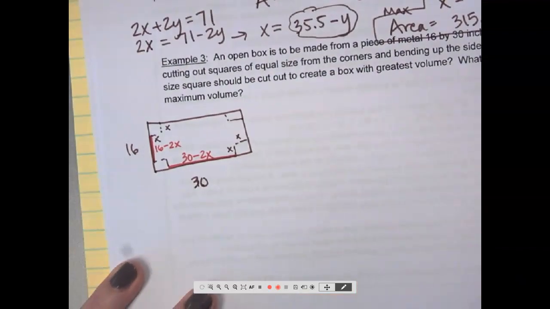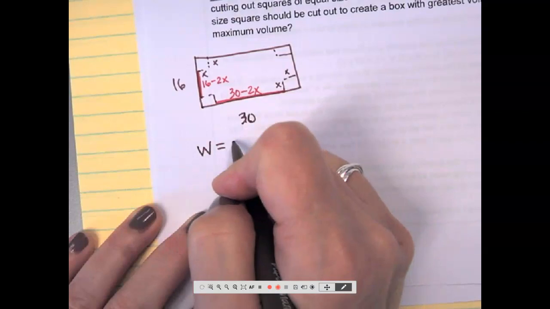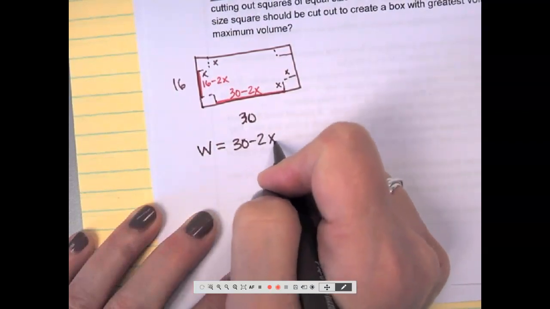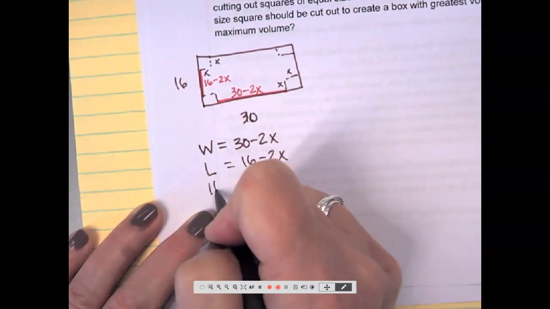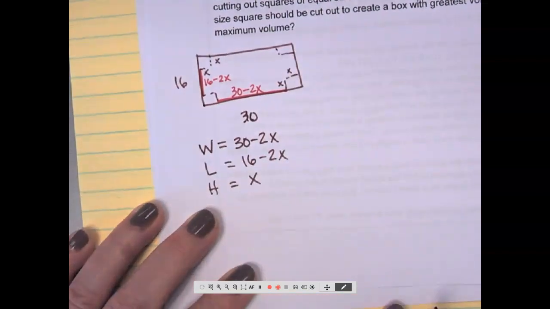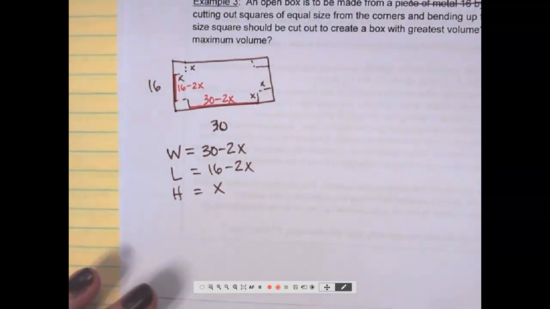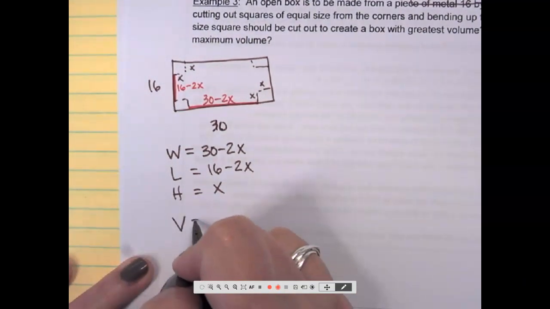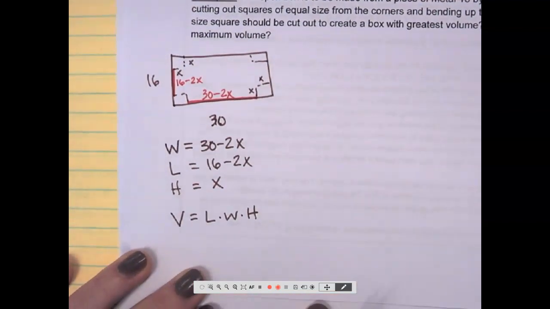So let's list all these. I'll call this one width. Width is 30 minus 2x. Length is 16 minus 2x. And the height is x. Okay, so volume is what I want to maximize. Volume is length times width times height.